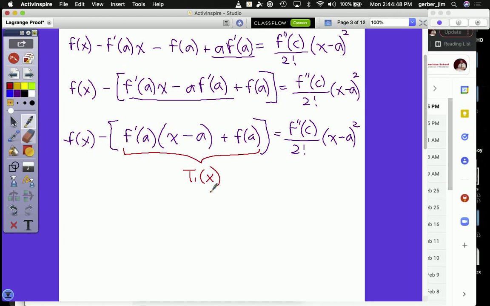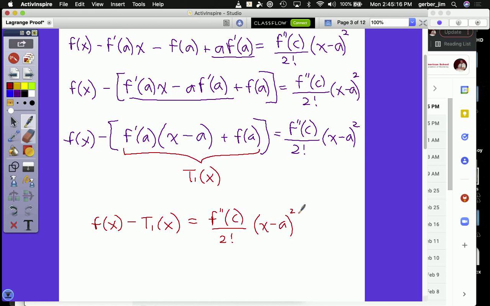And so now, what we're left with is f at x minus T1 of x, T1 of x being our first order Taylor approximation to f at x. And that equals f double prime at c over 2 factorial times x minus a squared.